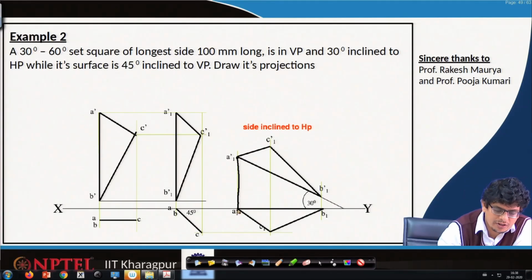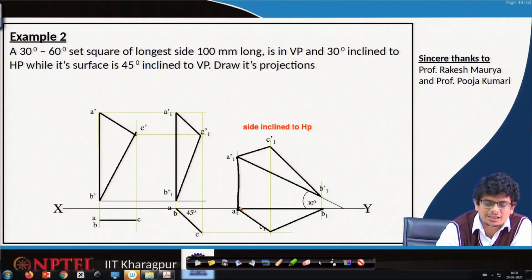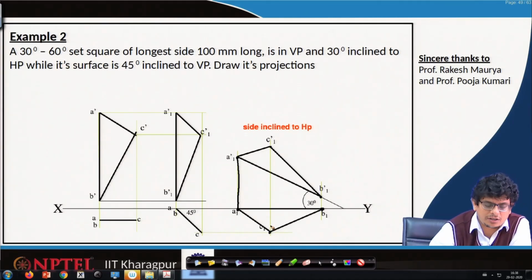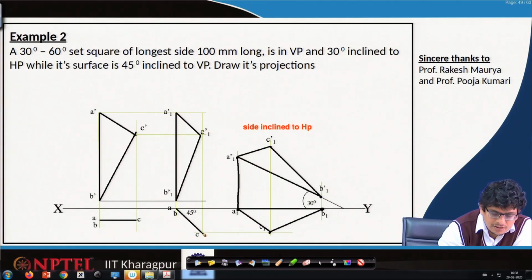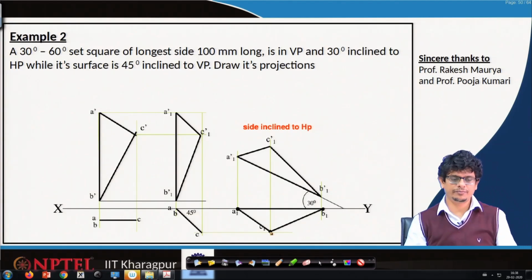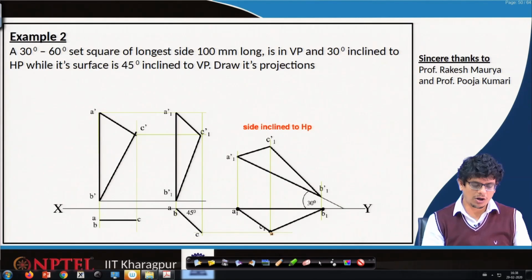So, A1 prime meeting this x axis, B1 prime meeting at this point, project this C1 prime all the way down, because it is supposed to make 45 degrees with VP. So, that projection determines our C1. So, we will have this A1 point, B1 point and C1 point. This is the way we make these rotations for these objects.